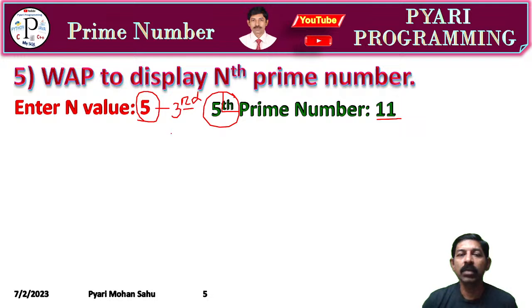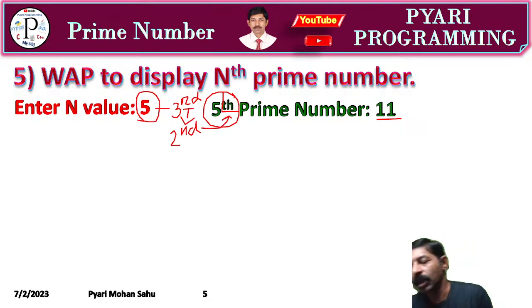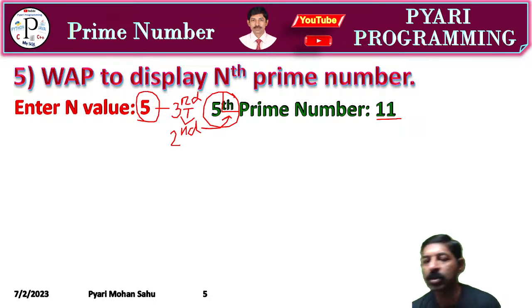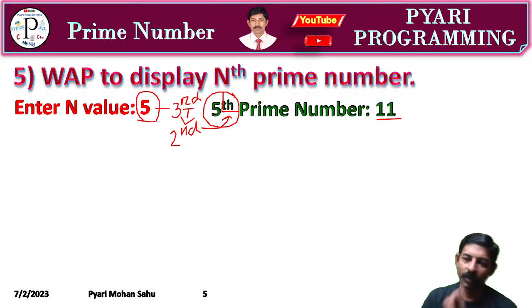Or if the user has given 2, it should be ND, second. Because of that reason, we need an array where these kinds of constants are stored. So you have to reach that level to understand the code, to design the display part. That's why I'm skipping all those things, because you are in 10th. For everything we can write the code, but we have to make it to that level of coding.